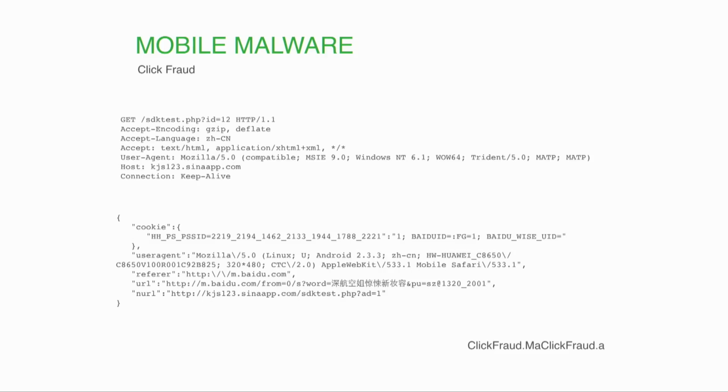We also deal with things like click fraud. So here's an example of an application sending network traffic that is designed to bring up ads from search engines and click on things in order to defraud the advertising networks by artificially clicking on links.